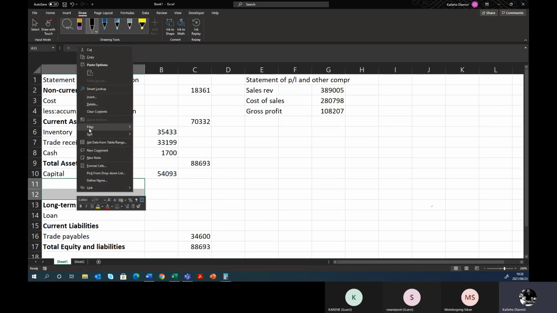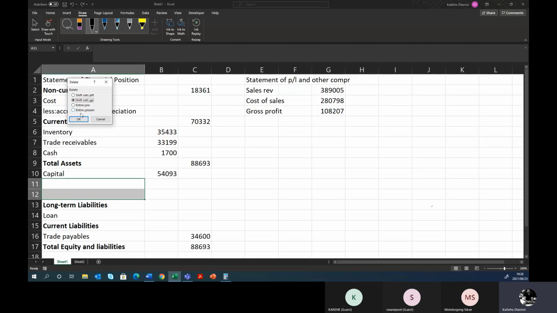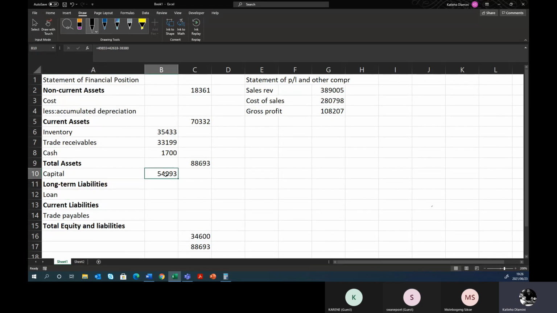Moving forward, I'm going to start using your actual formats and not just changing them up. But the point I want to make here: there are no long-term liabilities. If you had long-term liabilities, I'm just going to change the number here.